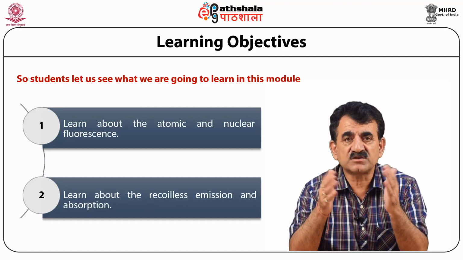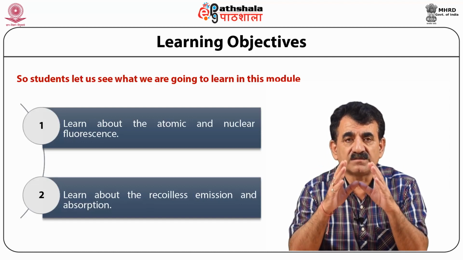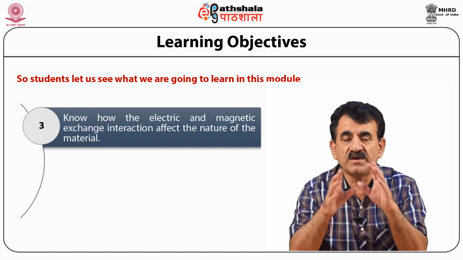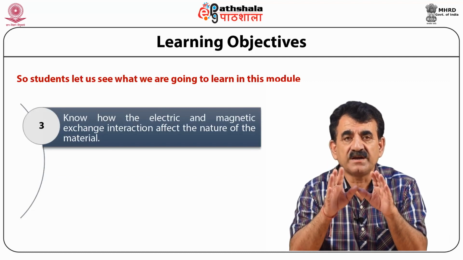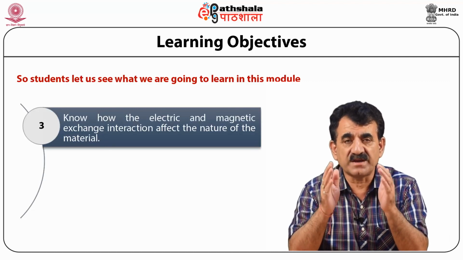We will study its theory and how we can calculate it, and we are going to discuss in a deeper way whether it is isomer shift, quadrupole splitting, or hyperfine interaction.